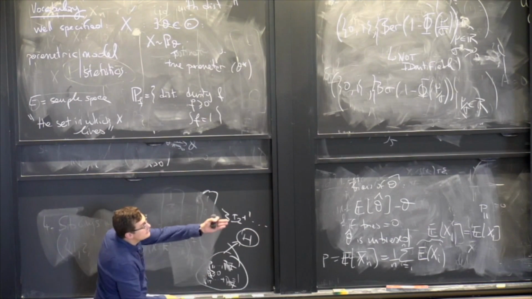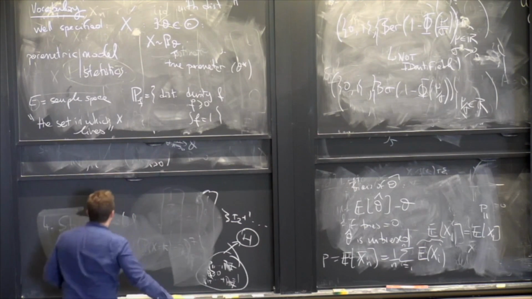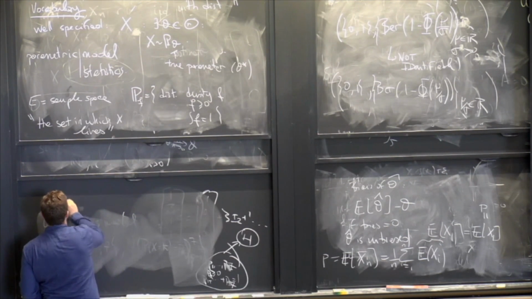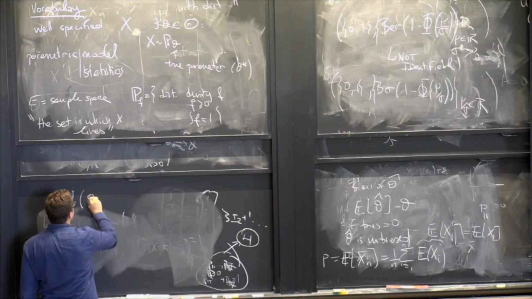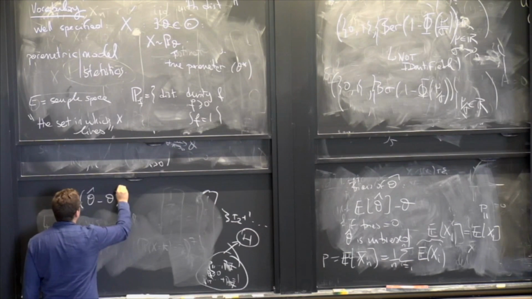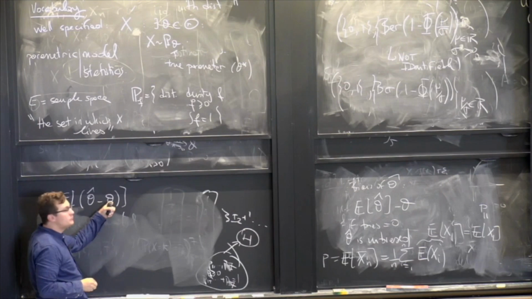bias and variance. I said quadratic risk is equal to bias squared plus variance. So let's see what I mean by this. So I'm going to forget about the absolute values. I have a square, I don't really need them. If theta hat was unbiased, this thing would be the expectation of theta hat. Right? It might not be the case.